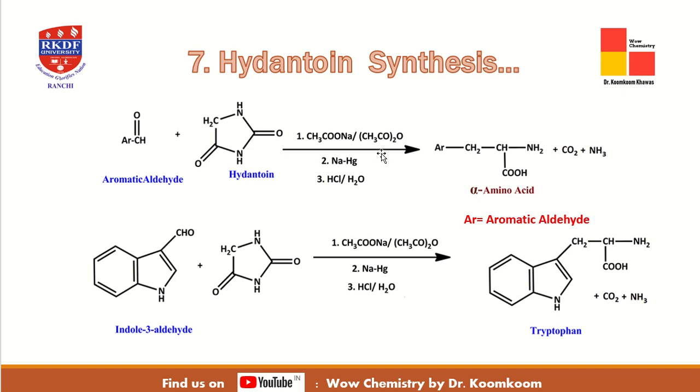It gives us a condensation product, which upon reduction with sodium amalgam results in the formation of the alpha amino acid with the loss of carbon dioxide and ammonia molecules. For example, here I've taken indole-3-aldehyde as a starting reagent, which upon reaction with hydantoin and the desired chemicals gives us tryptophan. If I take benzaldehyde, then I'll get the corresponding phenylalanine and so on.